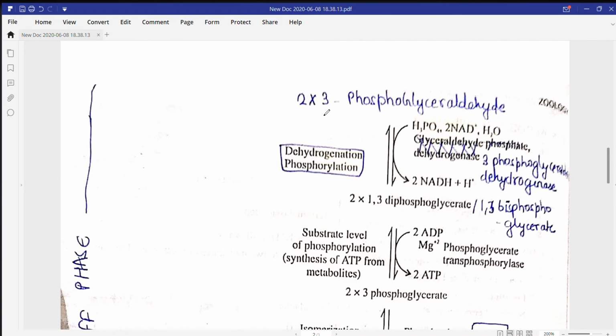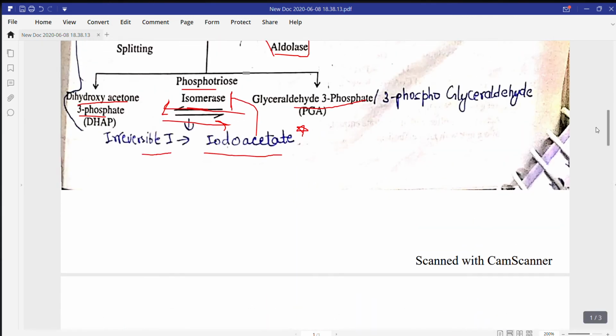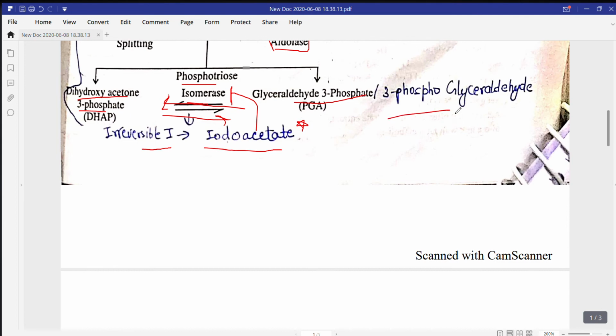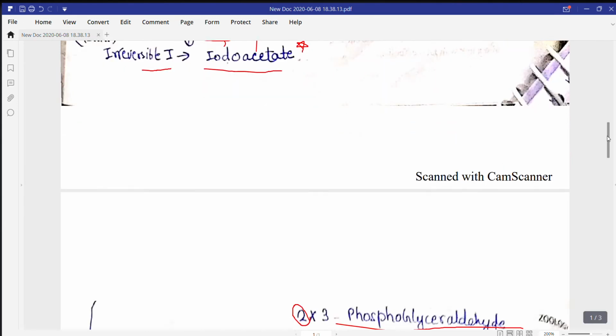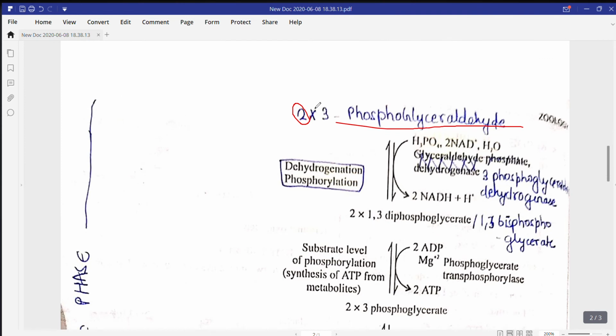Now, after this, we form 2 molecules of 3-phosphoglyceraldehyde. As you remember, the last step is formation of 3-phosphoglyceraldehyde. Because this is a 3 carbon molecule, we require 2 molecules so that the 6 carbons are completed.